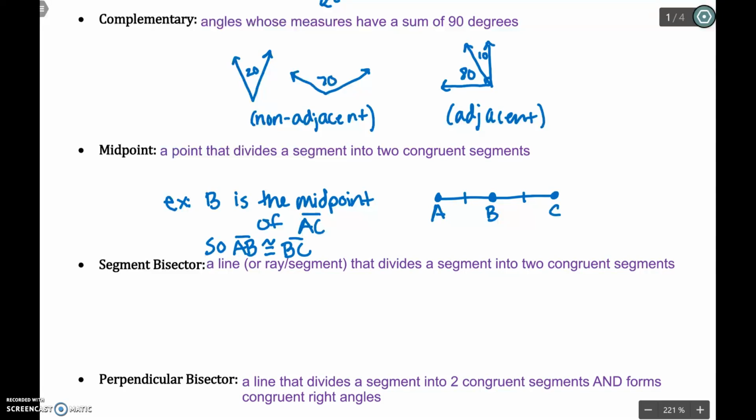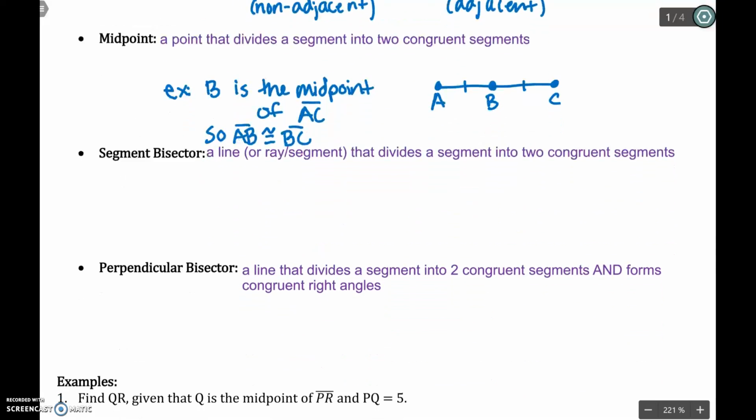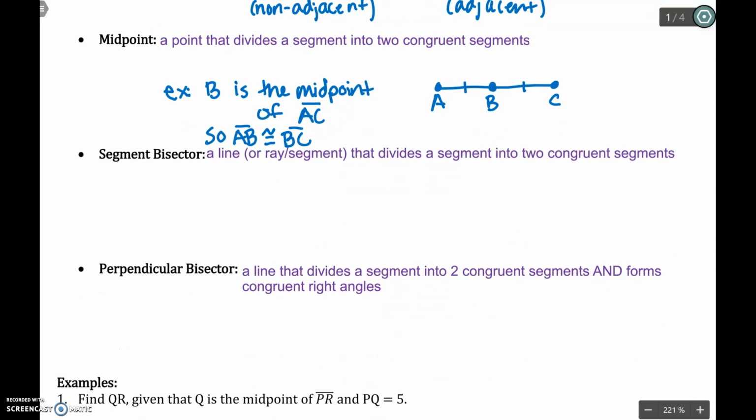The next one, a segment bisector. A segment bisector is a lot like a midpoint because it does the exact same thing. It's going to take a segment, for example, our AC, and it's going to split it into two congruent pieces. So we're going to have this happen, but it's not a point, it's a line or part of a line that does that. So in this case, XY is a line that is bisecting, cutting in half, segment AC.